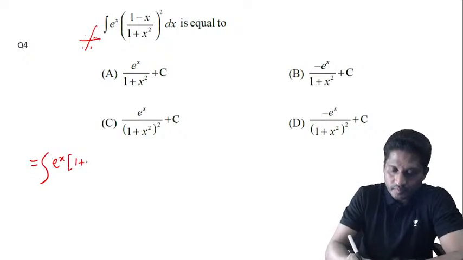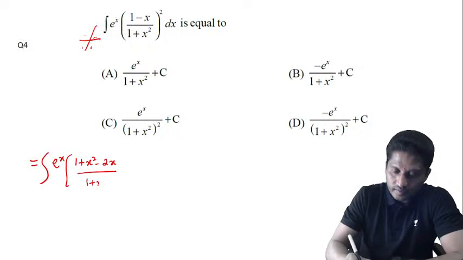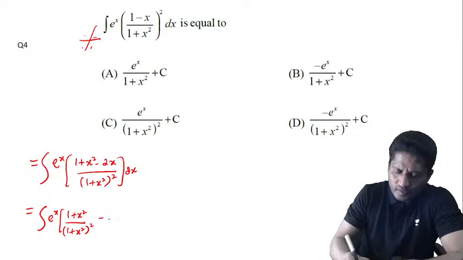This is a square plus b square minus 2ab, and then whole divided by 1 plus x square the whole square. This is equal to integration of e power x, 1 plus x square divided by 1 plus x square the whole square, minus 2x divided by 1 plus x square the whole square.